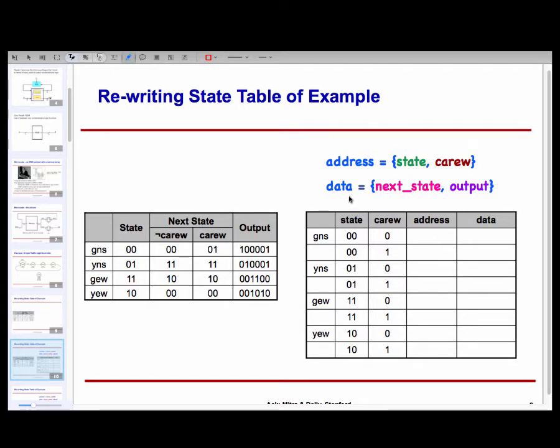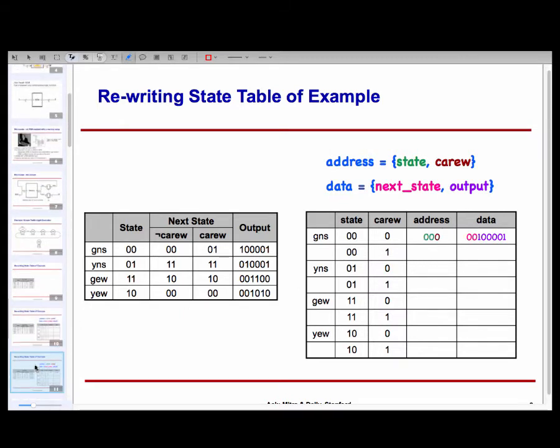So the data part of the memory has 2 elements to it, next state, which is 2 bits, and output, which is 6 bits. Now we can map this into contents of the memory. For example, at address 000, firstly we know that the address is 3 bits, so that means my memory has 8 locations.